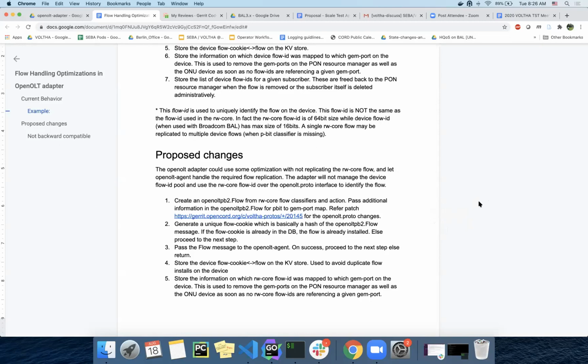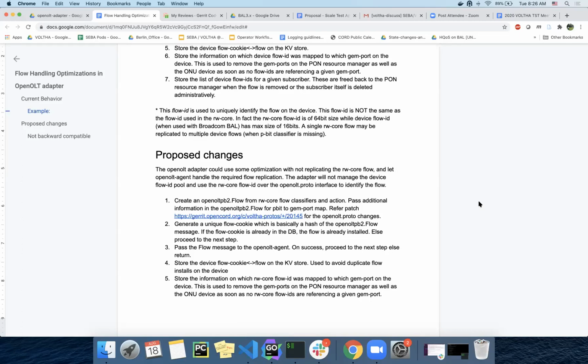Yeah, but for that matter, the agent already maintains some other maps, for example the TM scheduler IDs and queue IDs. These are BAL specific resources. These are not really exposed to the OpenOLT adapter. We cache them, but we don't persist them as of today.